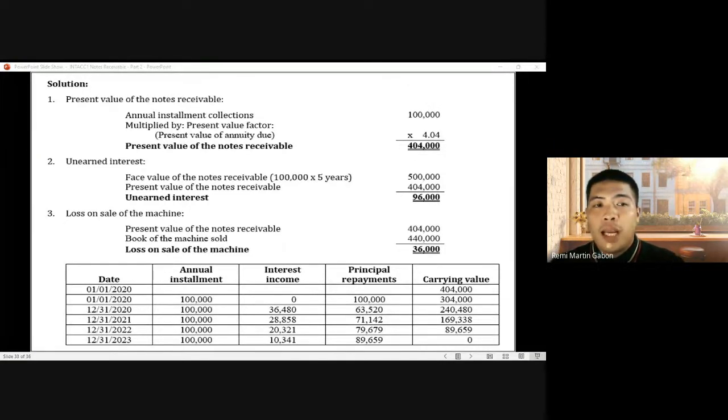Pero yung nakalagay dyan, information 2023. Kasi nga, nag-advance payment tayo, mauusog yung payment. Parang ma-early. Instead of going way to 2024, magiging 2023 lang. The same pa rin naman, 5 payments. Nagkaroon nga lang ng advance payment.